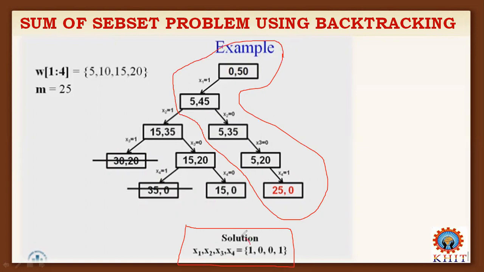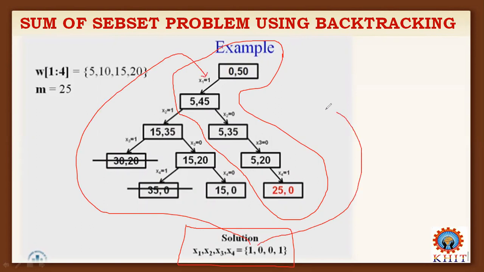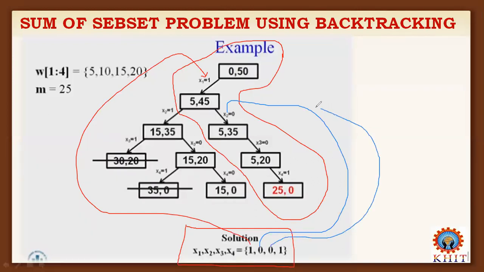Here x1 was selected clearly. x2 is 0, x2 is not selected, and x3 is also not selected, and we have selected the fourth item.